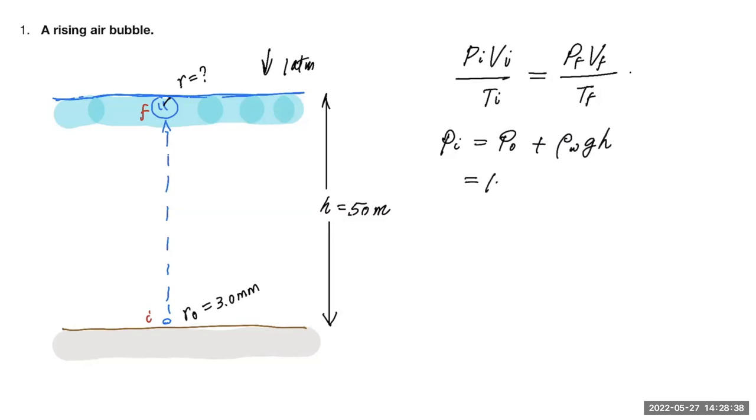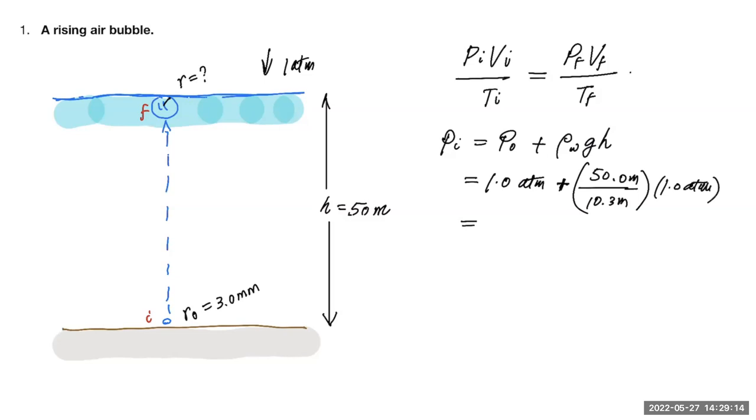P naught is 1 atm, plus the next term, the pressure due to the depth of the water. For every 10.3 meters of increase in depth, the water pressure rises by 1 atm. So it's going to be 50 divided by 10.3 meters times 1 atm. This is a little bit easier to calculate numerically than using Pascal.